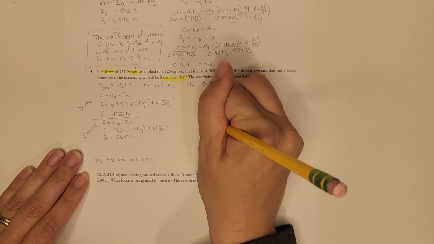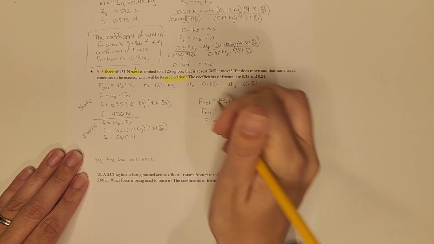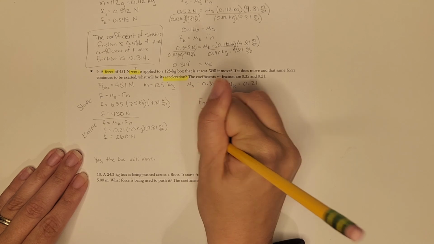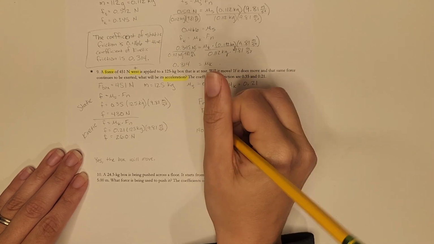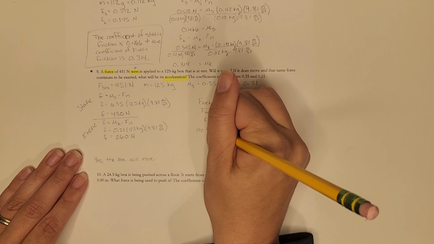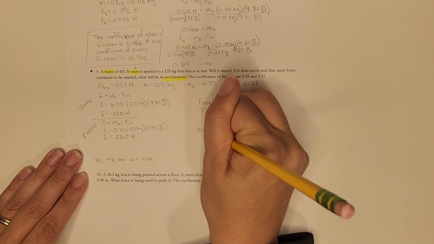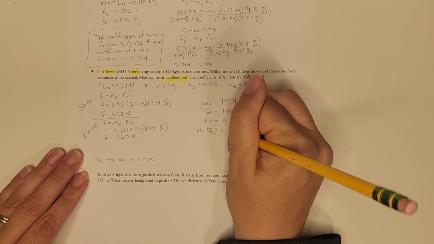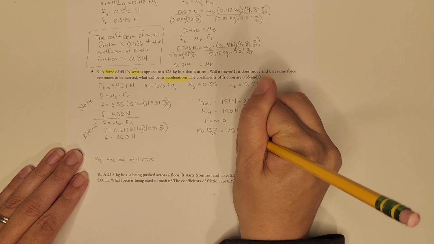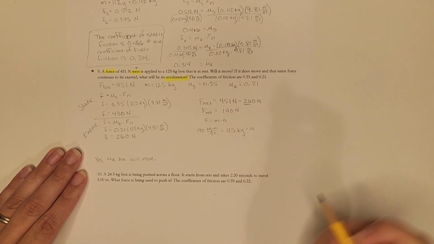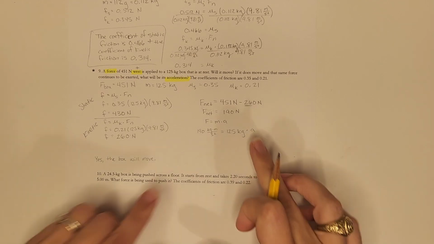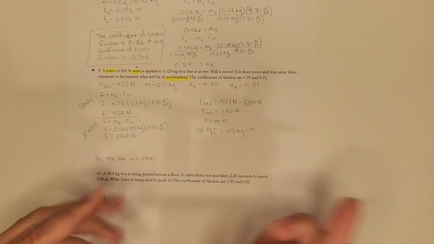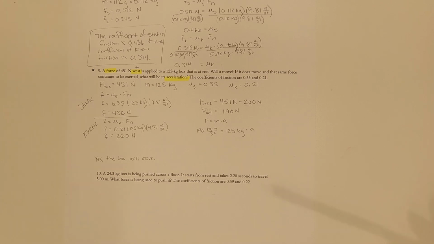Here I'm using force equals mass times acceleration. My force is 190 newtons, or you can rewrite this in mass and acceleration units: kilograms times meters per second squared, equals our mass, 125 kilograms, times our unknown acceleration. We're not dealing with gravity in this part; we're dealing with the east-west direction and that acceleration. We've already accounted for gravity and the friction due to gravity.